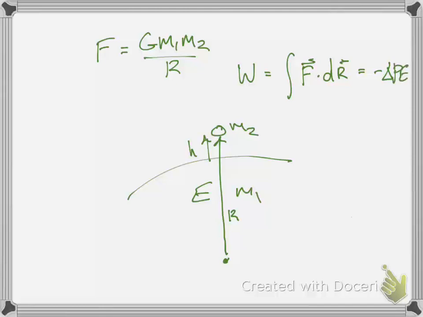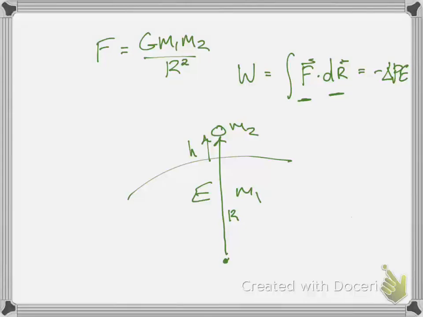So when we were talking about the force of gravity near the surface of the Earth, F was just mg. So dr just became h, and so it was mgh. But now we're talking about a force which has a different form, a different relationship to distance, and so we've actually got to do this integral. I forgot to write r squared over here.